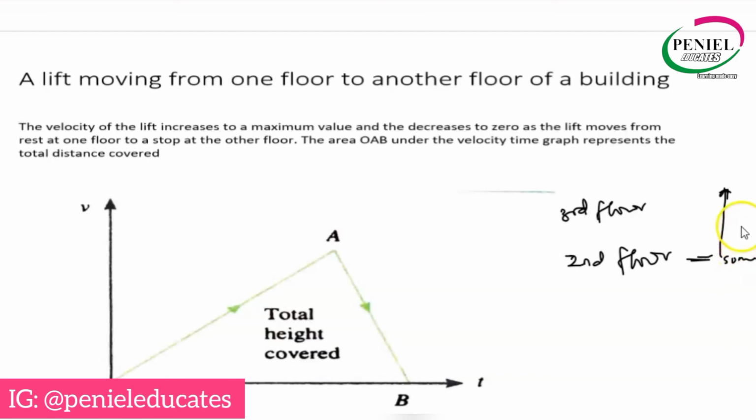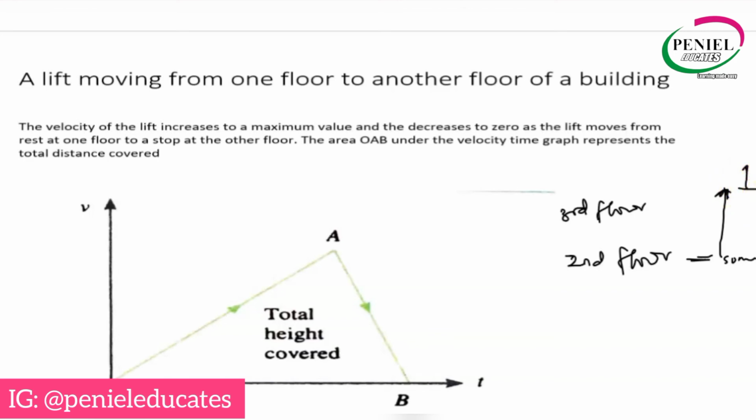So it moves upward and increases to a maximum value and then decreases to zero.